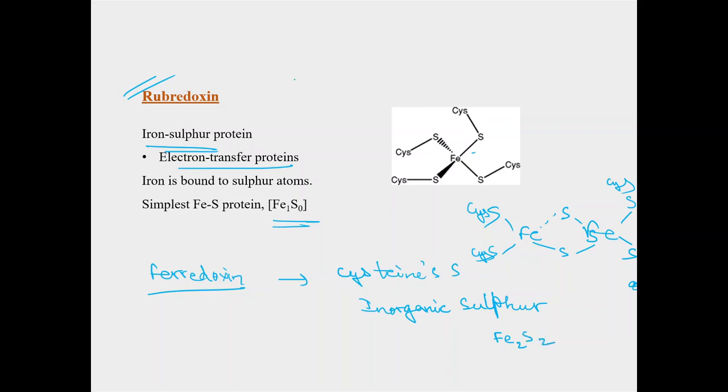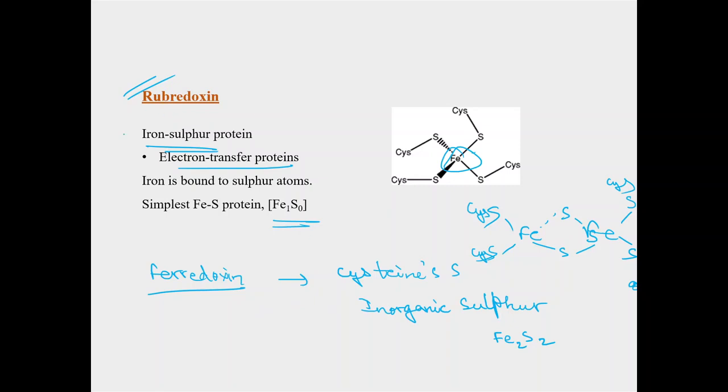But in the case of rubredoxin, no inorganic sulfur is present and only one single iron center is there, which is coordinated to four sulfur atoms from four cysteine moieties. It has a distorted tetrahedral structure. Also, this ferredoxin is Fe2S2. The other two types, Fe3S3 and Fe4S4, are also there.